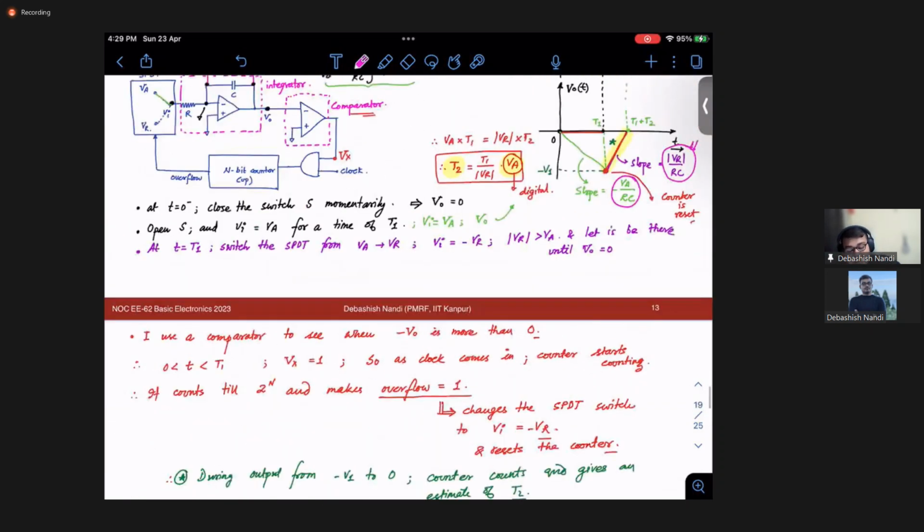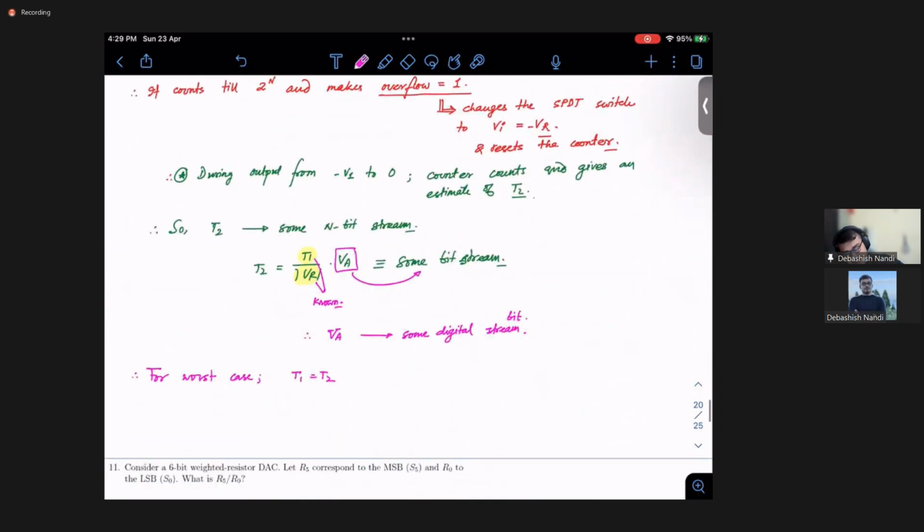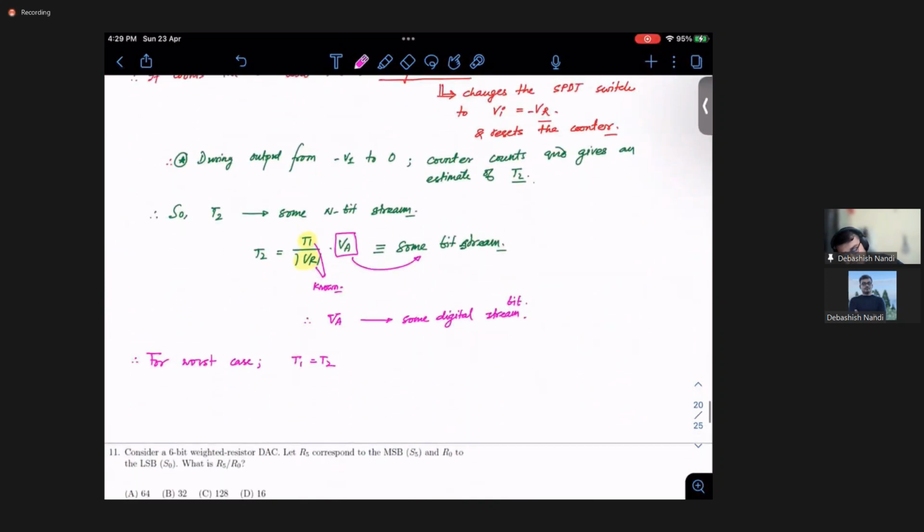Then if this is stretched to T2, whatever time my T1 takes, T2 will take the same amount of time to get back to 0. So I have a maximum delay or maximum conversion time from analog input to digital output. Okay.